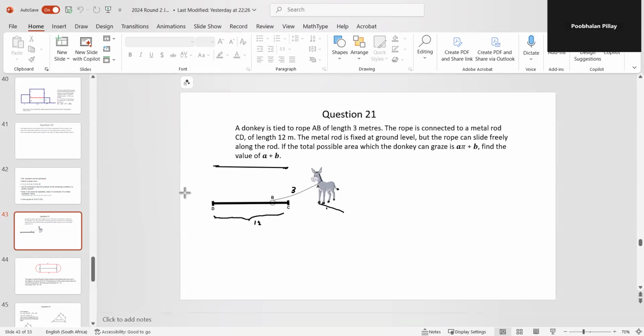So now it will go in the form of a circle. And when it comes to the other side, the same thing happens. So all these points here also are attainable. But from here onwards, you're going to get a semicircle because it can't go beyond the 3 meters. So you'll have a semicircle of radius 3, and here too you've got a semicircle of radius 3.